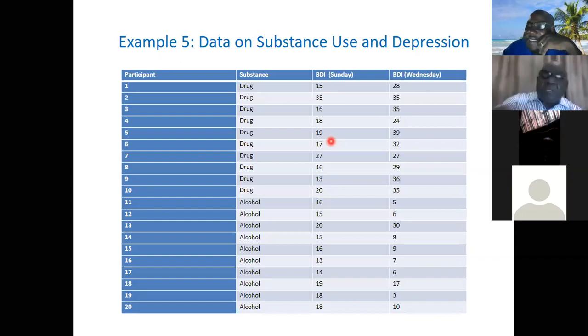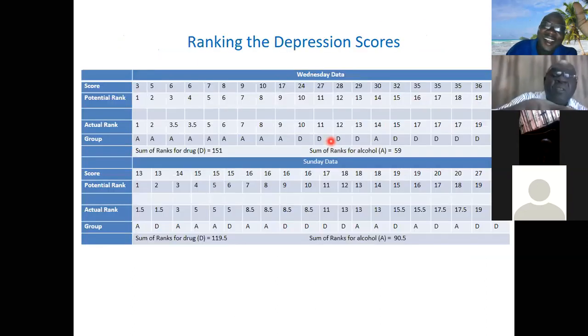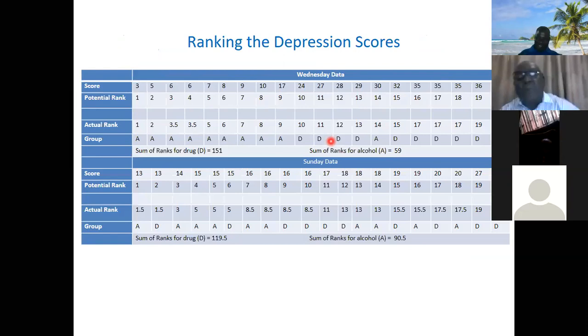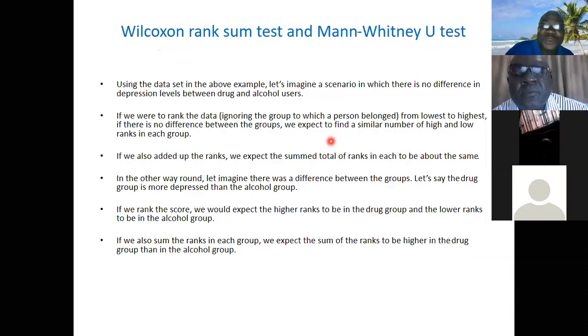If you now turn it in a horizontal direction, I expect the first ones to be for drugs, and their ranks are lesser. So how come their sum is 151? Which one is lesser?